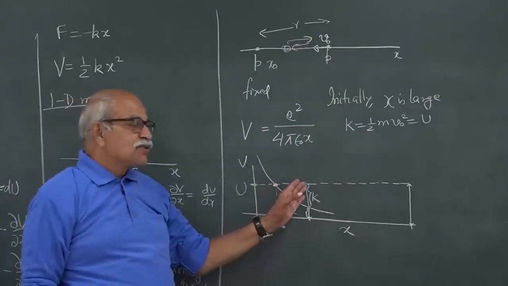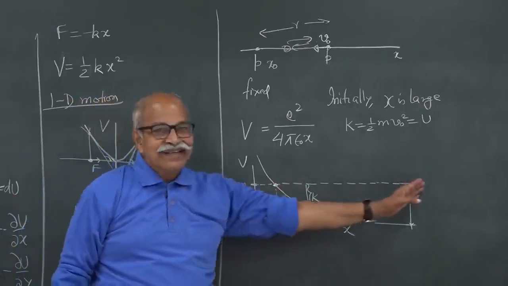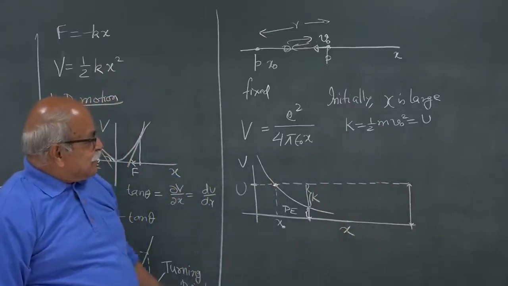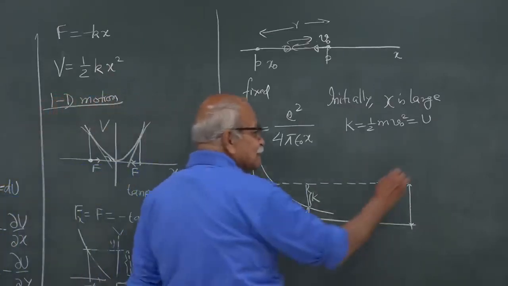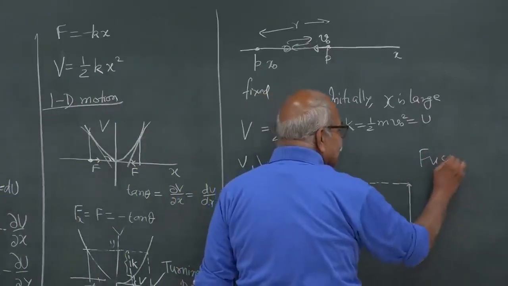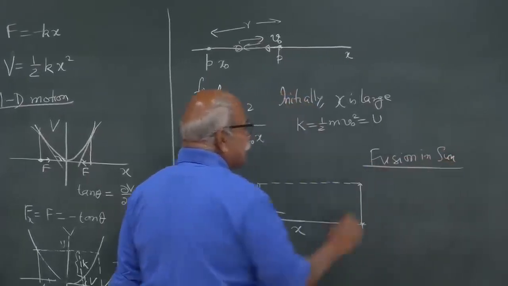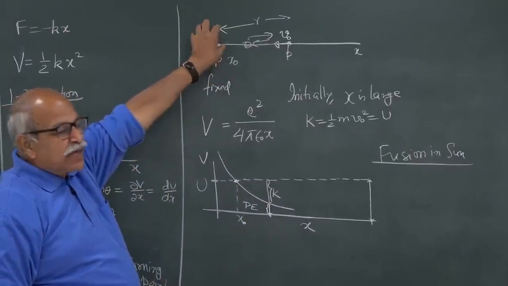and once it turns, that is it, there is only one turning point, it will not turn again, it will go to infinity. Now, this description is relevant for fusion in the sun. You can set up your coordinate system with origin here and then do some algebra.